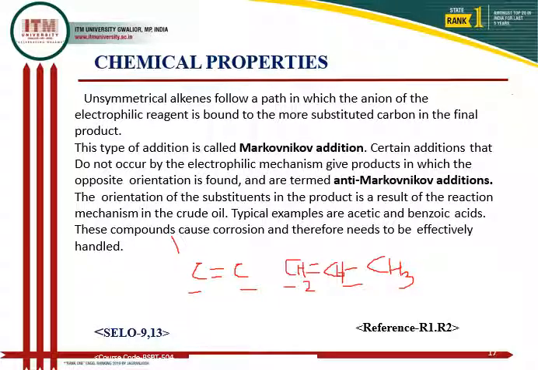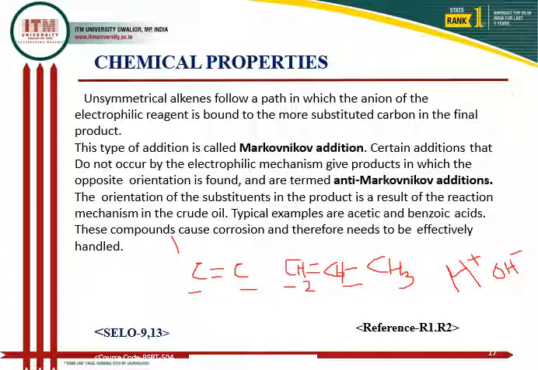If we talk about the reaction with water, this asymmetrical alkene reacting with water, we have H plus and OH negative. H plus is the electron-deficient species and OH is the nucleophile. According to the Markovnikov rule, the hydrogen that is electron deficient attaches to the carbon atom which has more hydrogen.